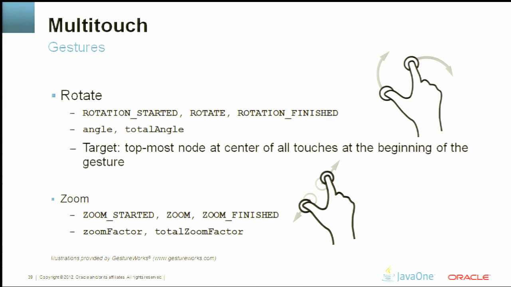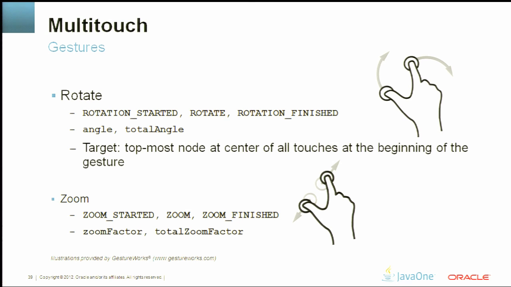It's the angle of one event or the total angle of the whole gesture, and the target of this event is the topmost node at the center of all touches. This means when you do the gesture with more fingers, it selects the one in the center. This is actually true for all other gestures except for swipe.